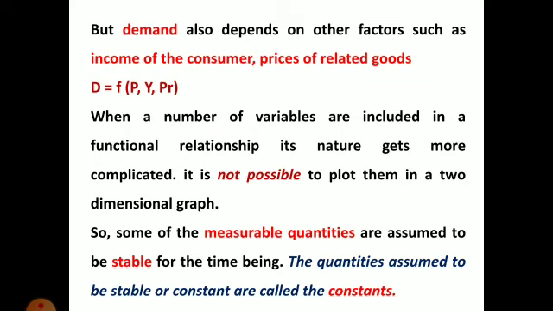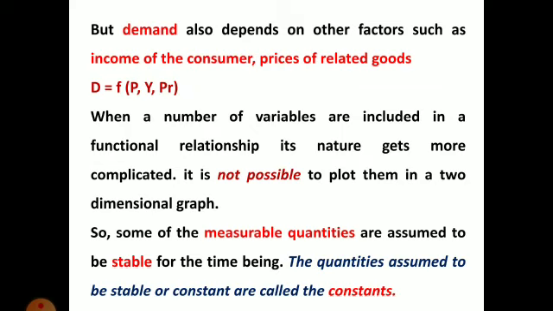So it's not that demand depends just on price. Demand depends on various other factors. So how do we explain this in the form of a function? In that case, we write D is equal to F of price, that is P, Y, that is income, and PR, that is the prices of related goods.